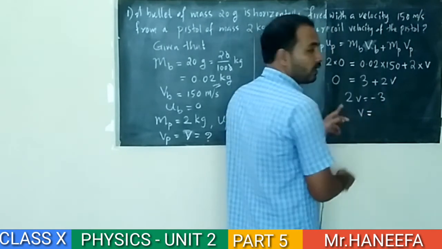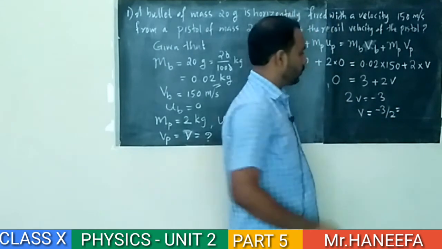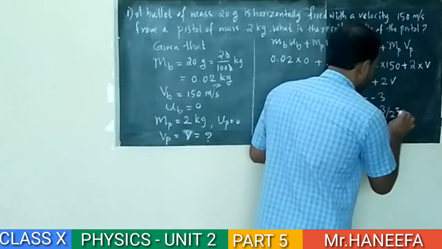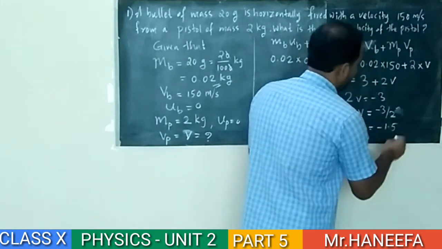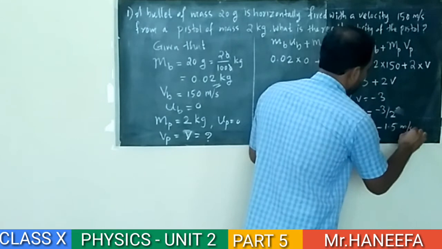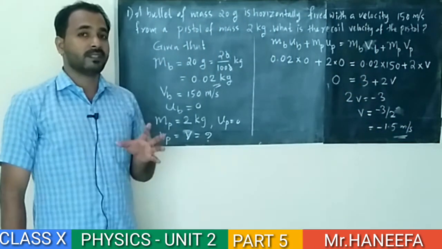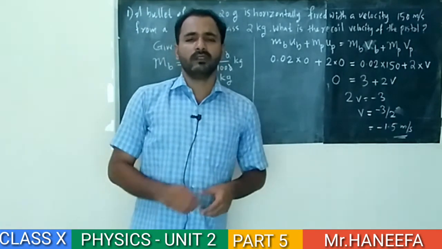So V equals minus 3 divided by 2. What is minus 3 divided by 2? Minus 1.5 meter per second. Minus 1.5 meter per second is the recoil velocity of the pistol. What is the recoil velocity?